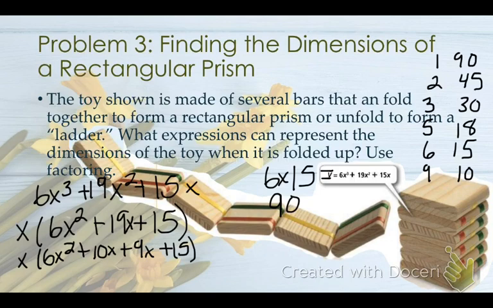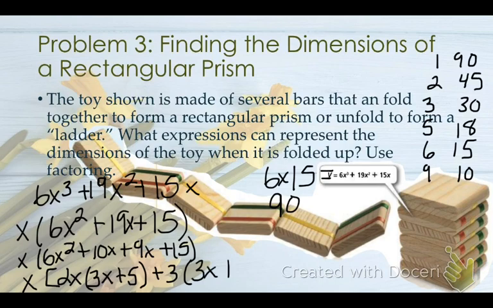At this point, I can apply my prior knowledge, split that in half, and continue factoring here. x on the outside, from my first half here, I can factor out a 2x. And that leaves me with 3x plus 5. In my second half here, I can factor out a 3, and that still leaves me with 3x plus 5.